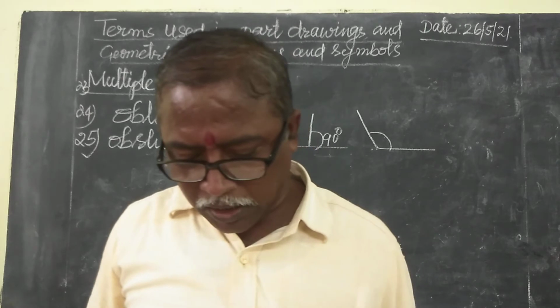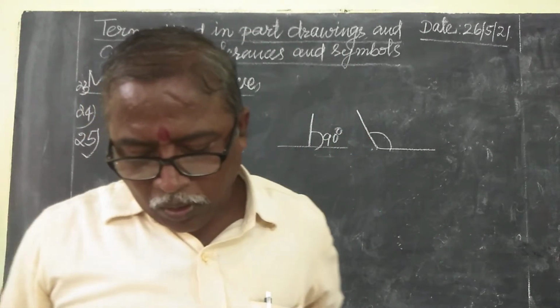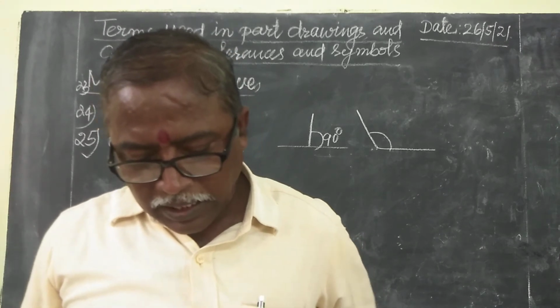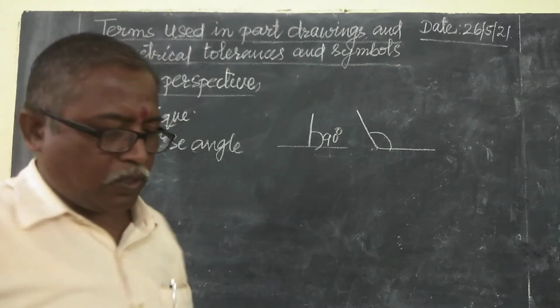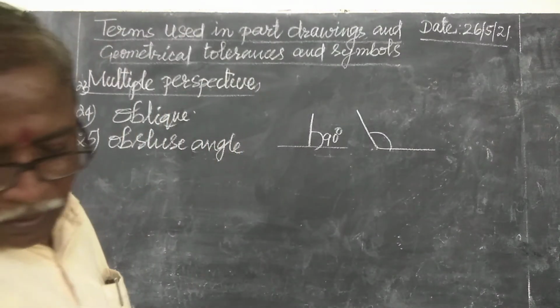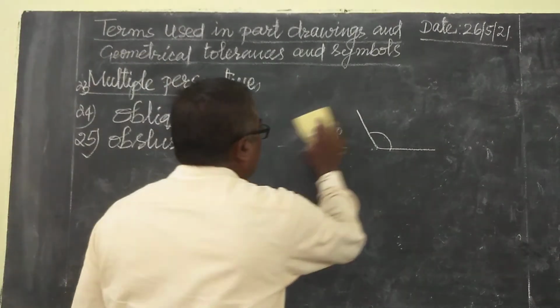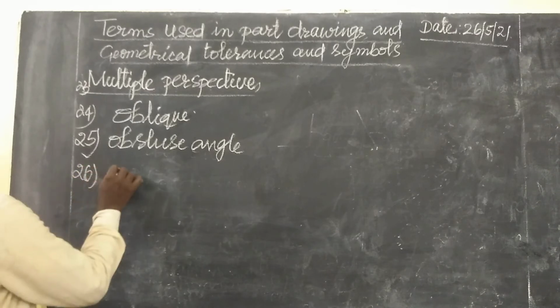Then orthogonal line. In a linear perspective, the oblique line that is drawn using a vanishing point. You see here horizontal line, that is orthogonal line. 26.